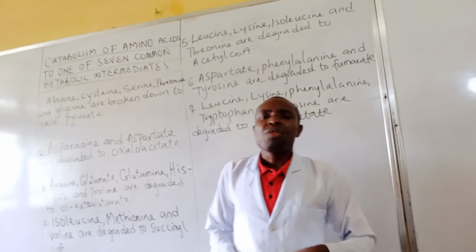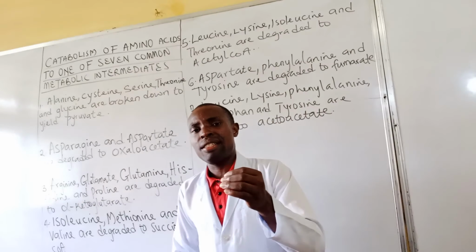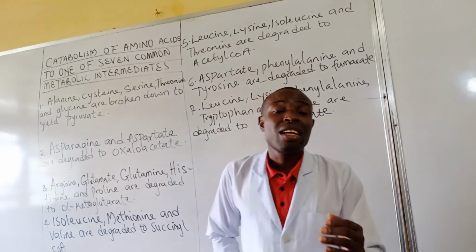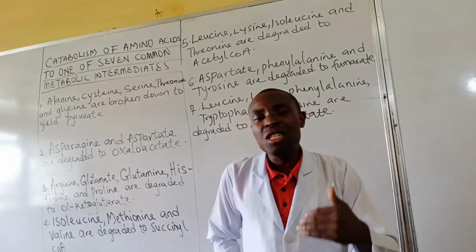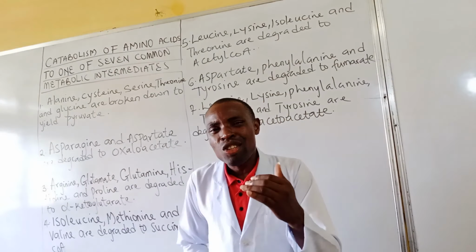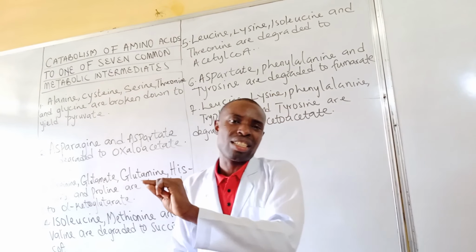For example, if we say that alanine is a glucogenic amino acid, we are simply saying that one of its transformed products, which is pyruvate, can be converted to glucose via gluconeogenesis.